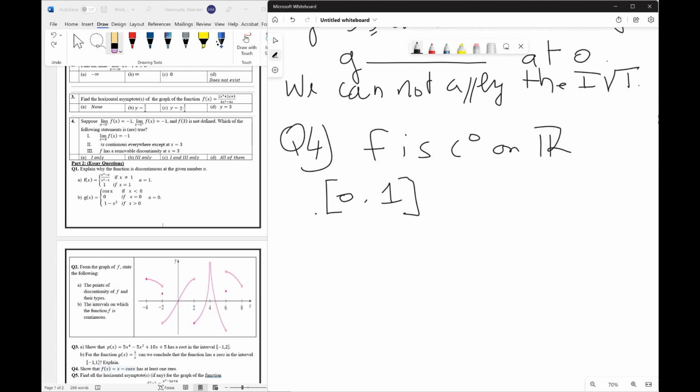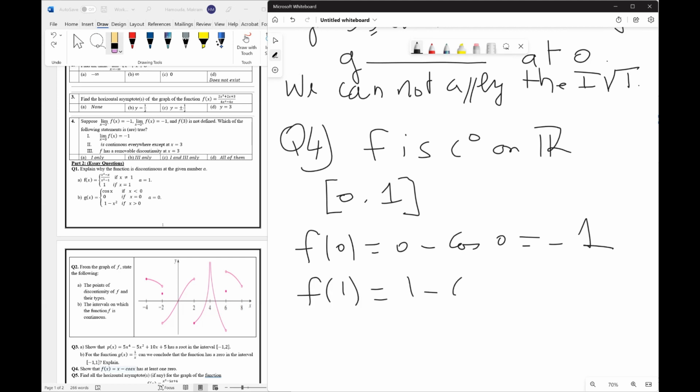So if you use calculator, put the radian mode. Okay, so f of 0 is equal to 0 minus cosine of 0. Cosine of 0 is 1, so this is equal to minus 1. But f of 1 is equal to 1 minus cosine 1. For sure, this is positive because cosine of anything is less than 1. So we can use calculator and confirm that this is positive.